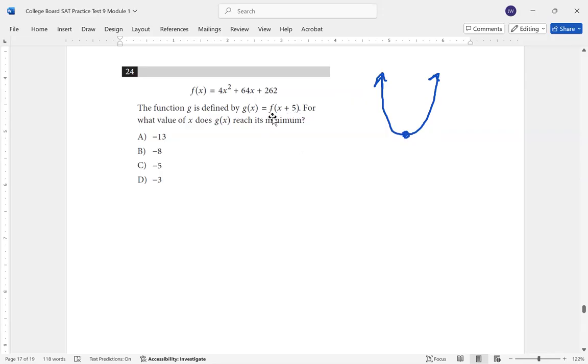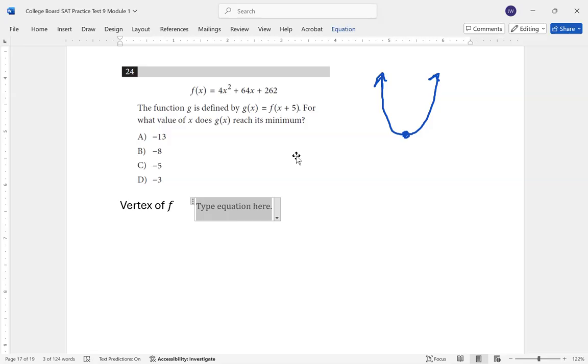So from f. What we're going to do is find the vertex of the function f first, and then we're going to shift that over 5 units, and then we'll know what the vertex of G is.